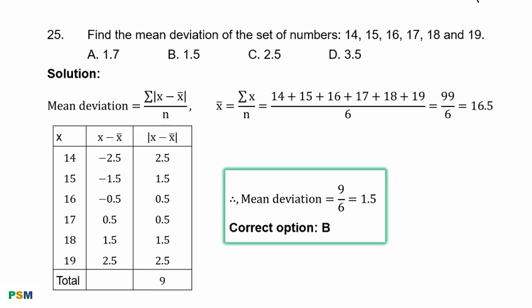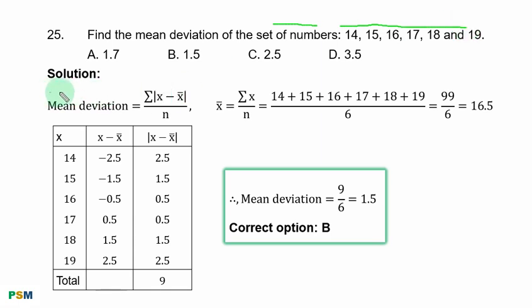Question 25. Find the mean deviation of the set of numbers 14, 15, 16, 17, 18, and 19. You have ungrouped data, data without frequencies.